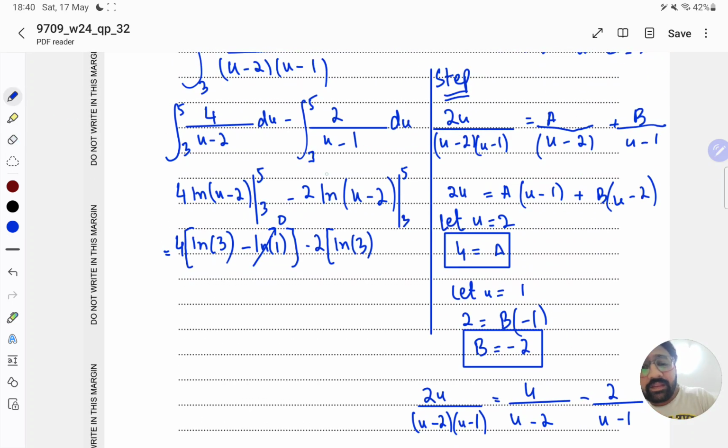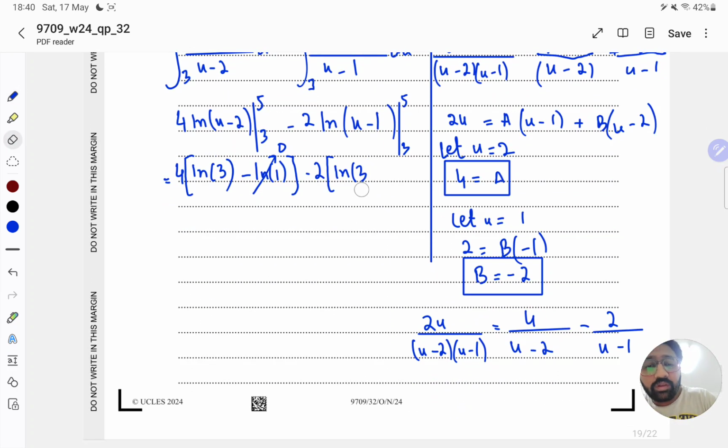This is u minus 1. It is going to be 4 ln of 3 minus 2 bracket ln of 4 minus ln of 2.